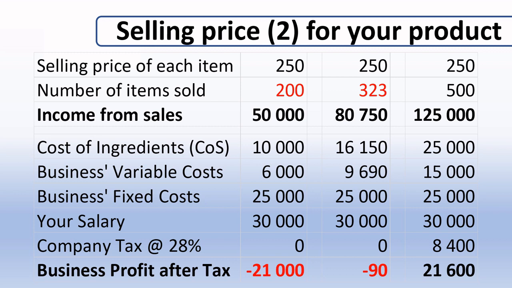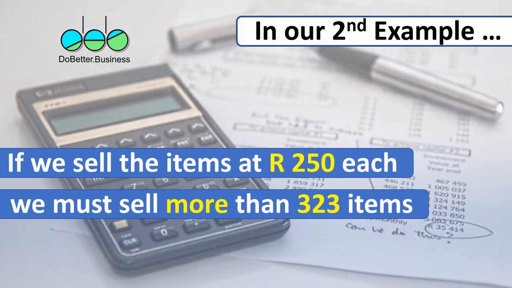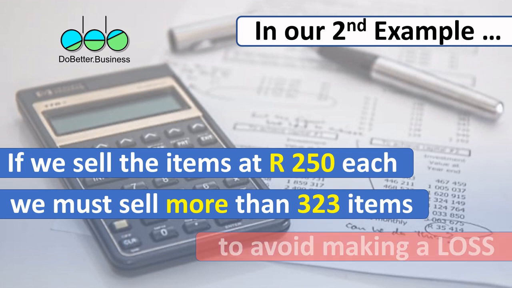And only when you're selling about 500 a month will you be making a respectable profit. So we discovered that at 250 Rand each, you would have to sell at least 323 items every month purely to avoid making a loss.